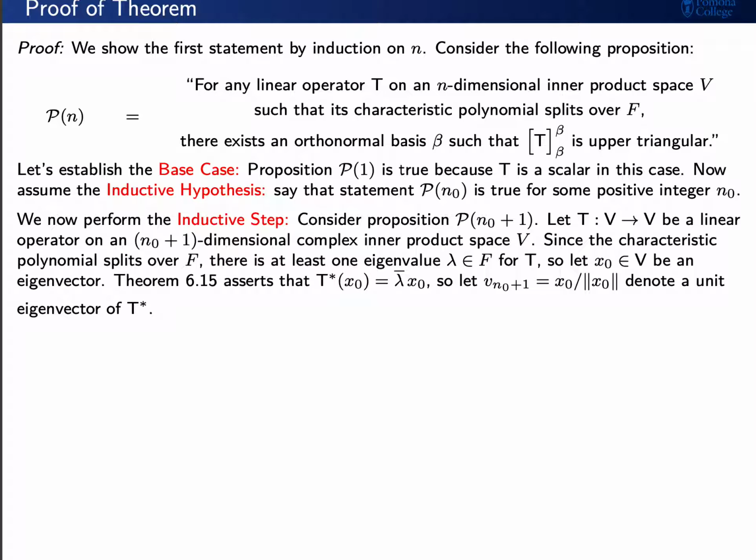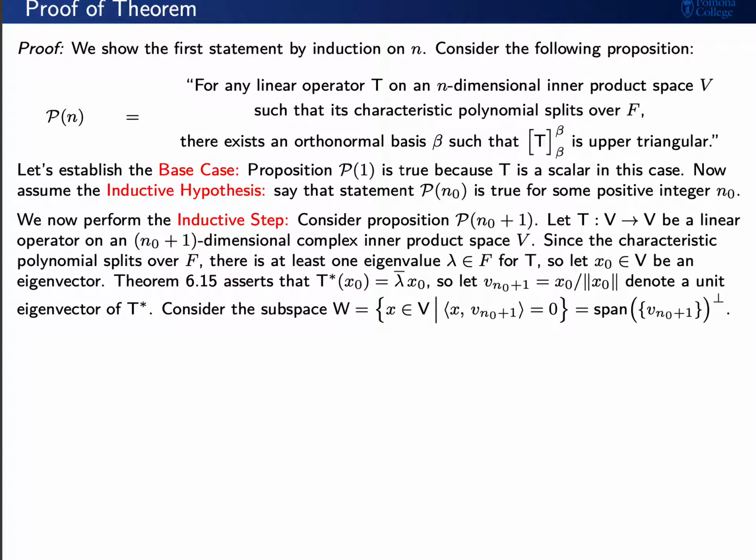That is, we'll take the eigenvector x0 and divide by its norm so that the norm of v sub n0 plus 1 will be equal to 1. Let's now consider the subspace W, which is the collection of vectors in V which are orthogonal to this normalized eigenvector v sub n0 plus 1. You can also think of this as the orthogonal complement to the span of v sub n0 plus 1.